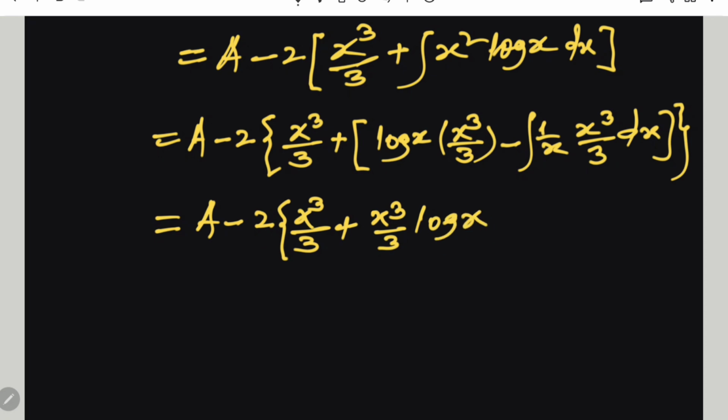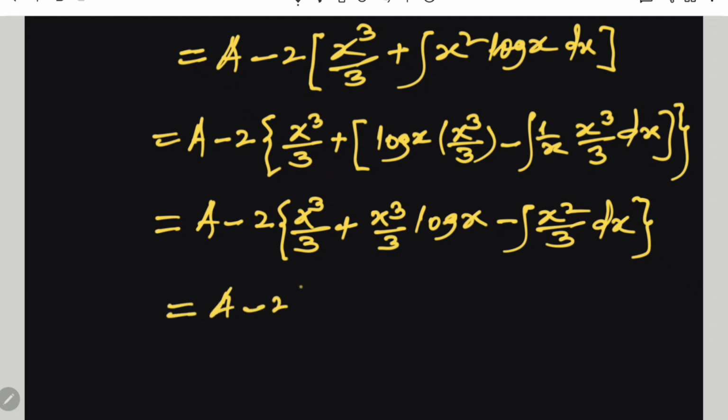minus integration of x square by 3 with respect to x. Therefore, integrating that term with respect to x, the other term as it is, no change. Therefore, A as it is minus 2, and x cube by 3 we can take common from those two terms.